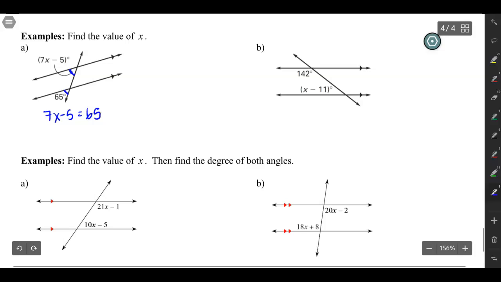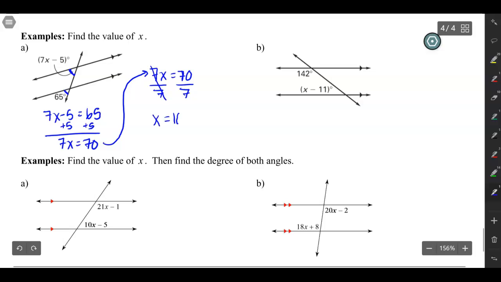So 7x minus 5 has to be equal to 65. So since they're equal, I'm just going to set up this equation and then use it to solve for x. So 7x equals 70. Sorry, I ran out of space. So I'm going to divide both sides by 7 to get rid of that 7 that's in front of the x. And x is equal to 10.